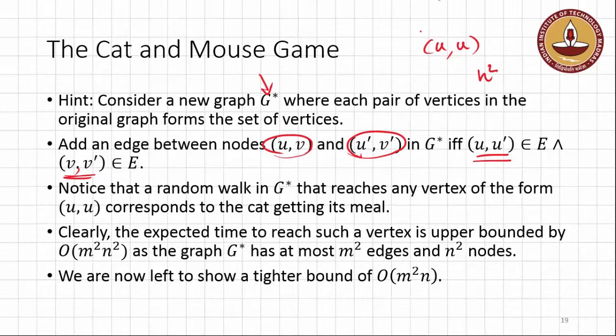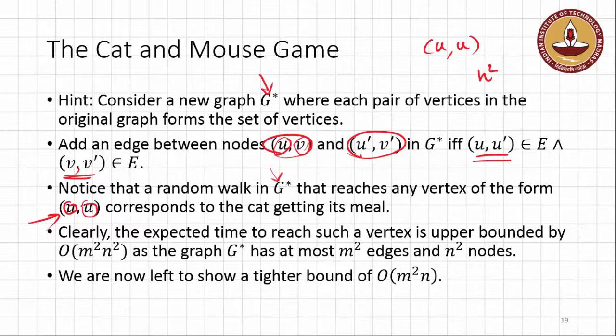The first component gives you the current location of the cat in the original graph G, and the second gives you the current location of the mouse in the original graph G. You can then immediately notice that a random walk in G star that reaches any vertex of the form (u, u) corresponds to the cat getting its meal. Why? Because both the cat and the mouse are at the same vertex, so the cat will eat the mouse.